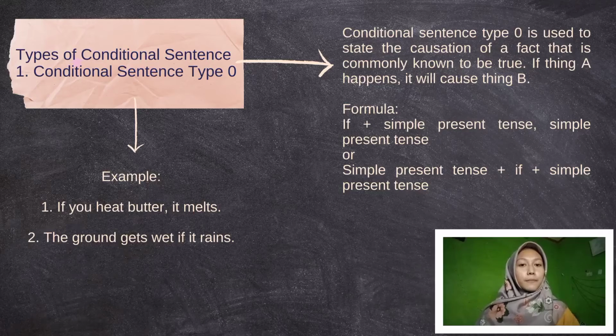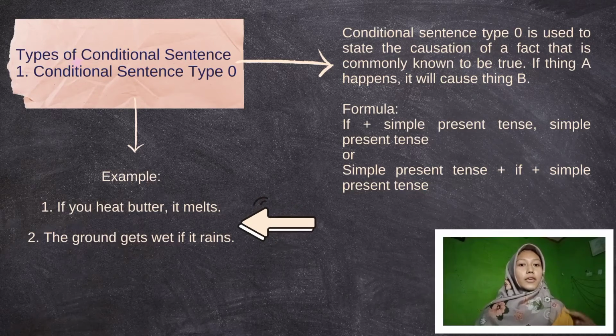And for the example is, if you heat butter, it melts. The second example is, the ground gets wet if it rains.